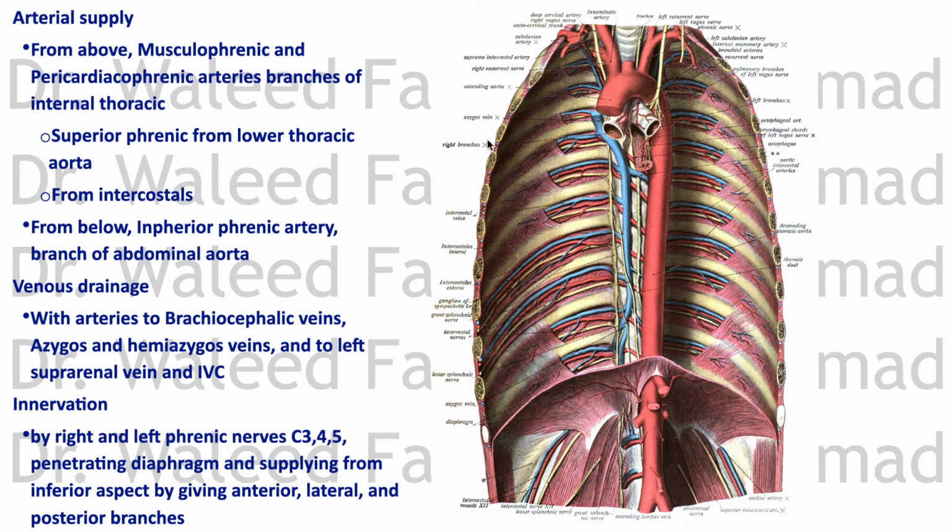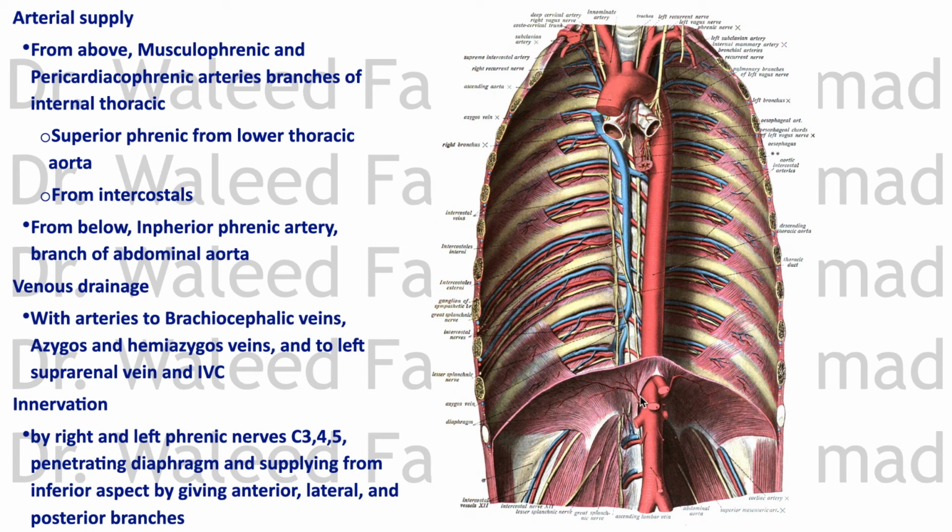Okay, the supply for the diaphragm is easy. The intercostal vessels supply the periphery of the diaphragm, and in the middle, branches from the aorta, superior to the diaphragm and inferior to the diaphragm.